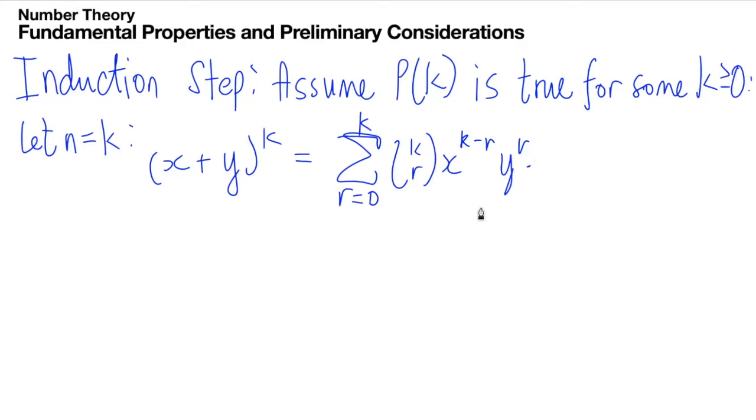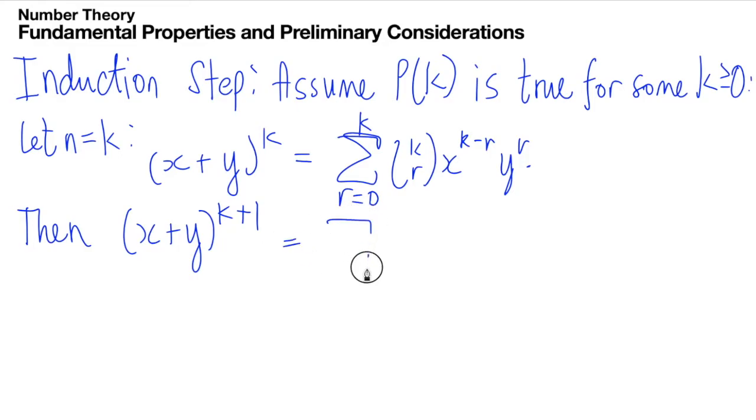Okay, so if we're assuming that this is true for P sub k, then this must also be true for k plus 1 by condition number 2 in the weak induction. Then we can say that (x + y)^(k+1), the next value after the k, is equal to the summation of k plus 1 choose r, r running from 0 to k plus 1.